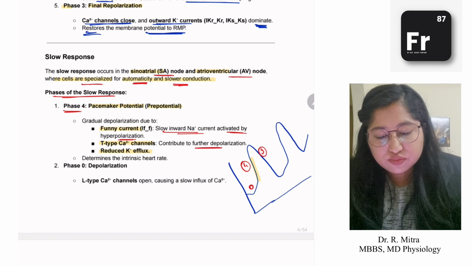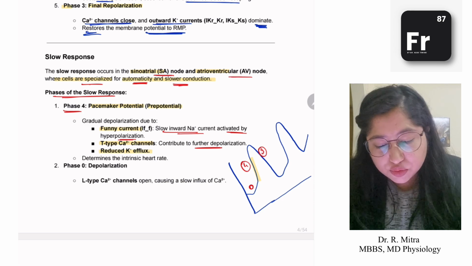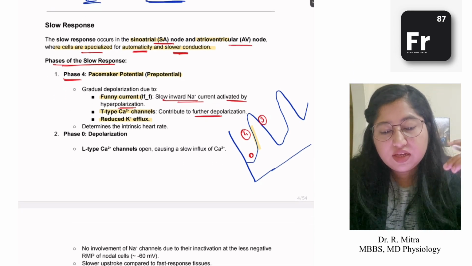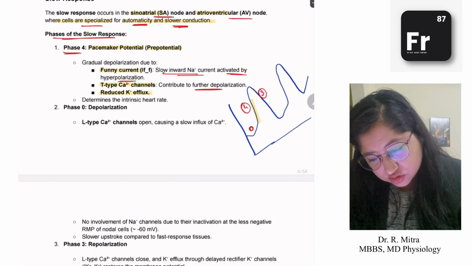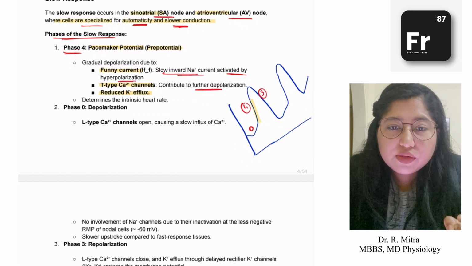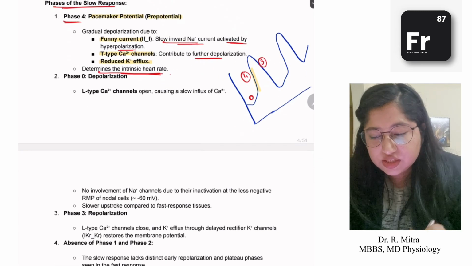The T-type calcium channels contribute to further depolarization, and then there is reduced potassium efflux, all of which culminate to bring about the pacemaker potential or the pre-potential, that is in phase 4. This pacemaker potential phase determines the intrinsic heart rate.